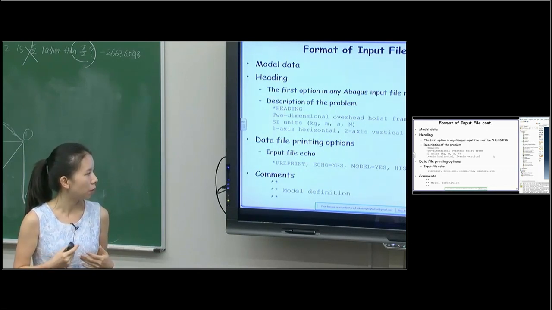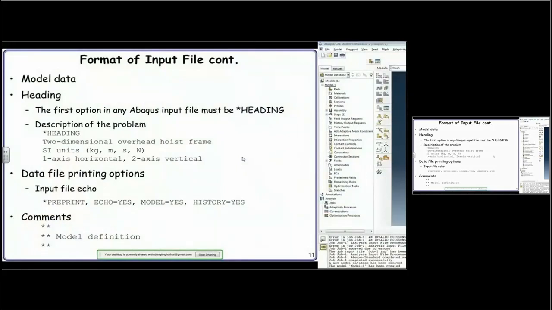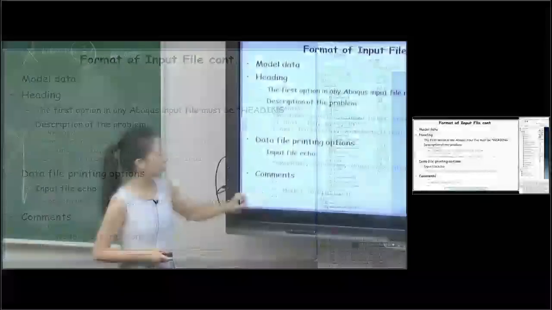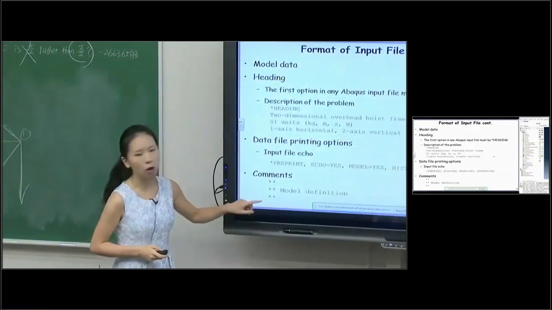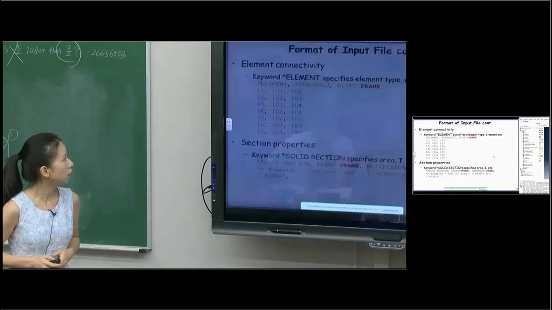And history means that if you have several steps of analysis, I will put the result of each step in the output database. So if you turn these to no, it will only print out the minimum information in the output database. And as I said, lines starting with double star are comments, so ABAQUS will skip them, just for your convenience.